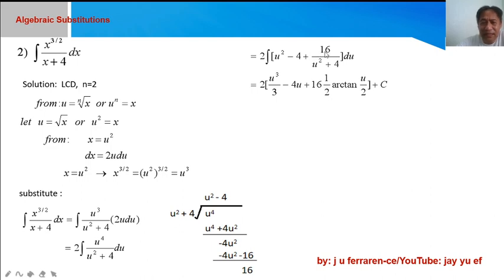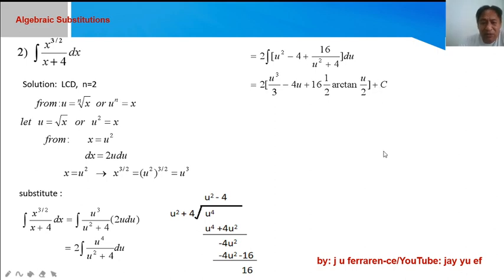This is 16, and according to a formula, du over u squared plus 4 is 1 over a arctan of u over a. So, what is our a? That is the square root of 4, which is 2. So, 1 over 2 as 1 over a, and arctan of u over a, so u over 2, then plus c.